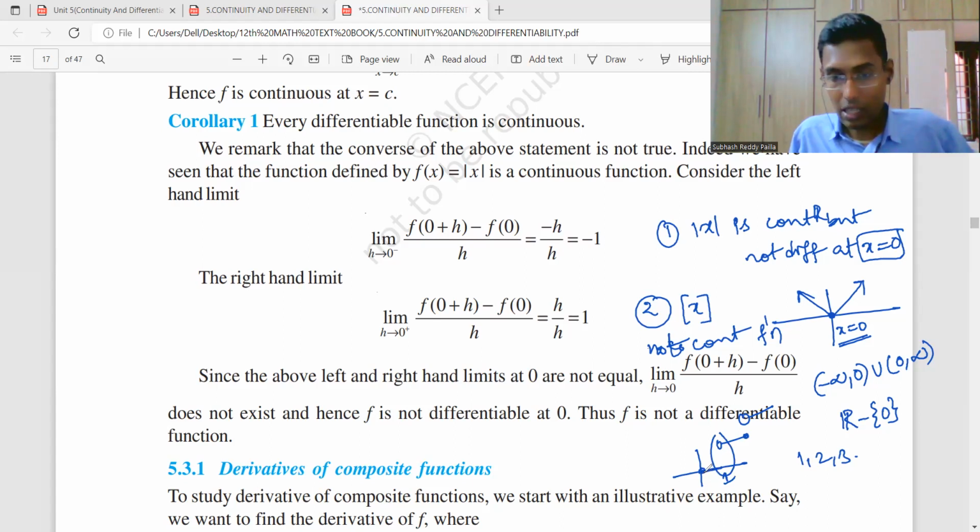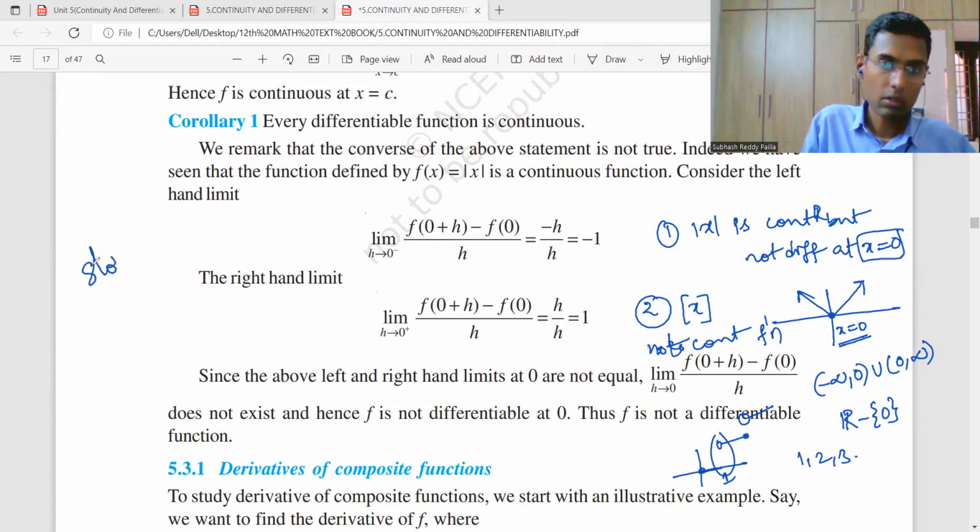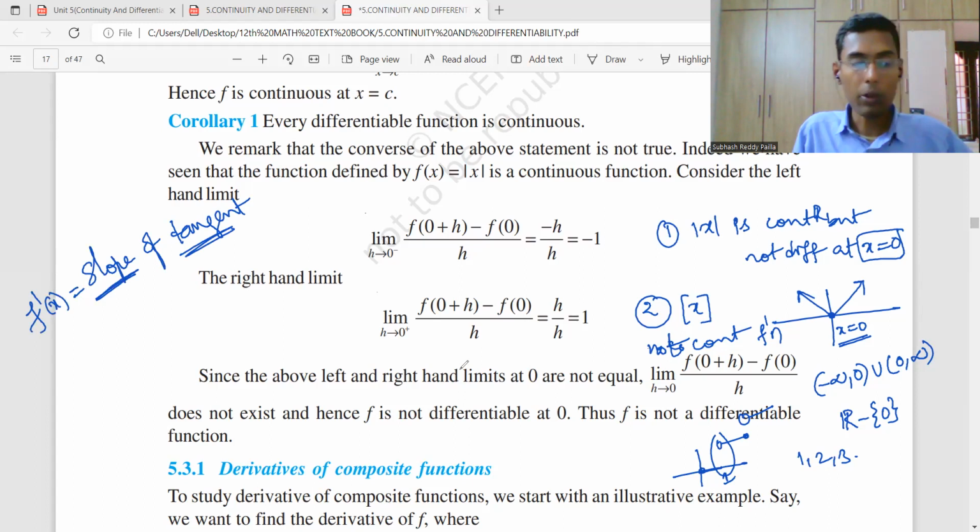So slope of the tangent doesn't exist. The derivative is nothing but the slope of the tangent; f dash of x is the slope of the tangent. When the tangent doesn't exist, the slope of the tangent also doesn't exist, which means not differentiable. So it is not continuous at integral points, therefore not differentiable at integral points.